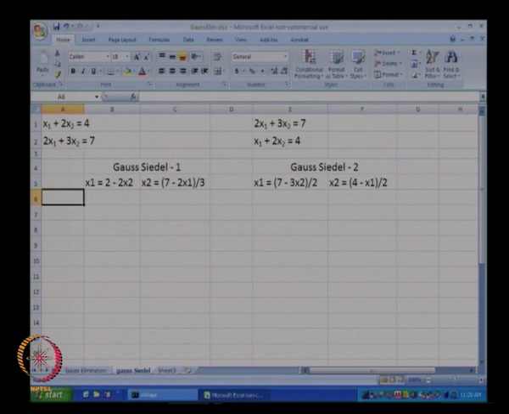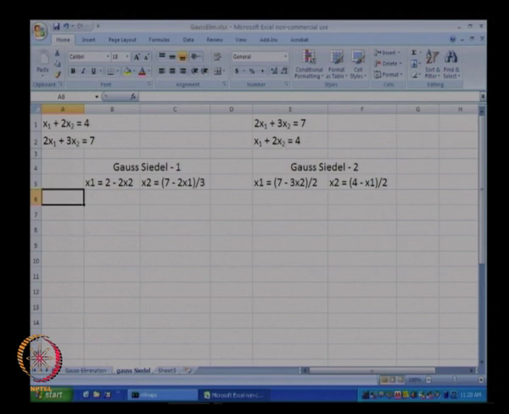As we have said, there was nothing special about calling this particular equation equation 1 and this equation equation 2. So what we have done is interchanged these 2 equations, and even after interchanging, we will end up with the same point, the point of intersection of the 2 lines.